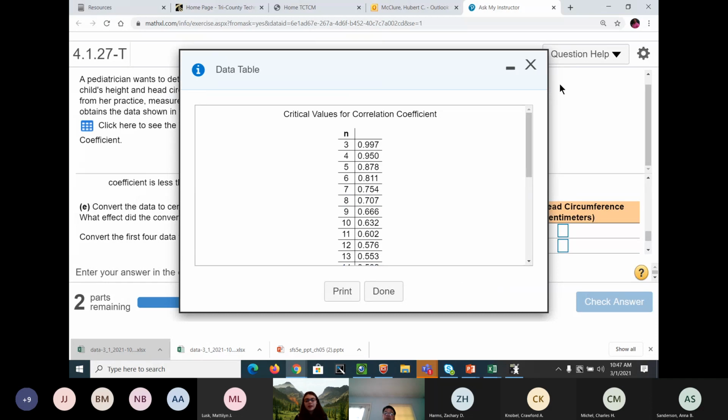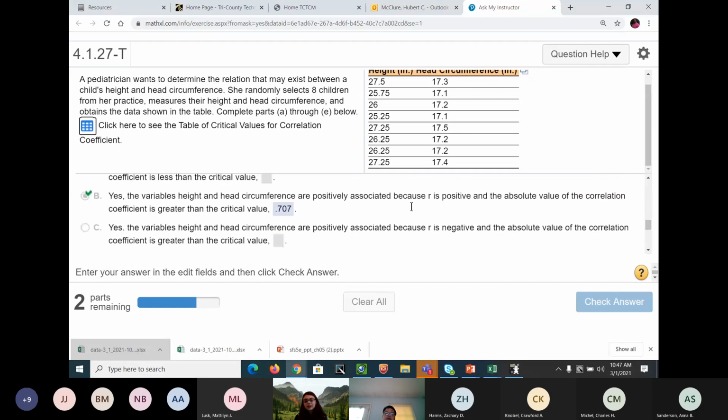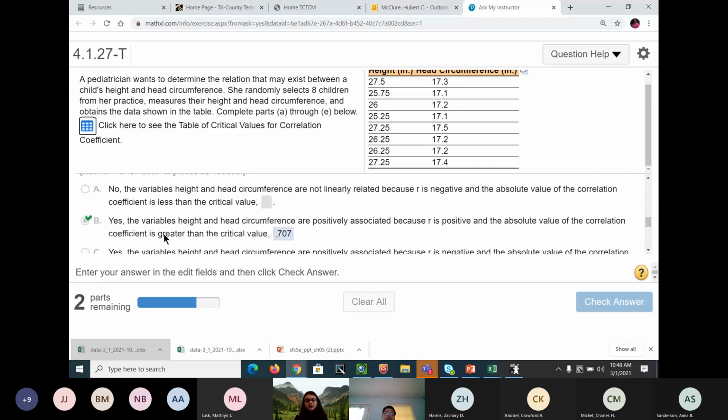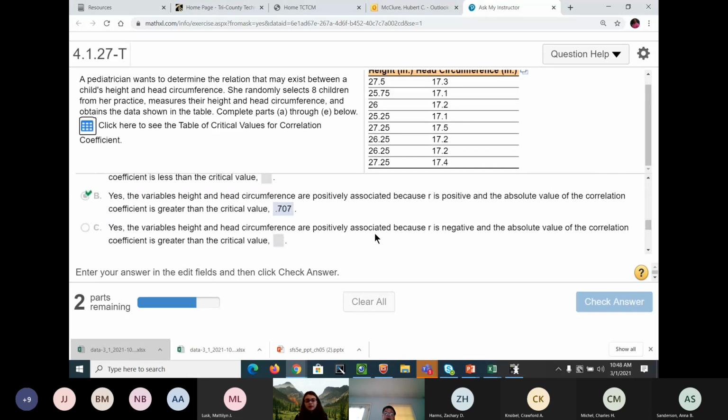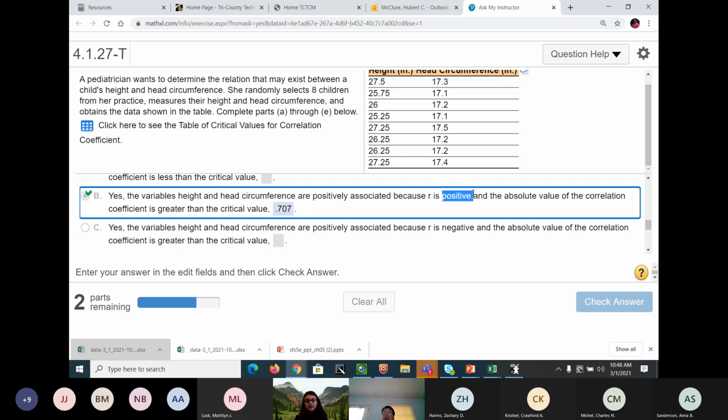I put it in, and it says it's wrong. Did you hit the one that says yes, the variables are positive? There's different words here, negative and positive. Ours is positive because it's greater than.